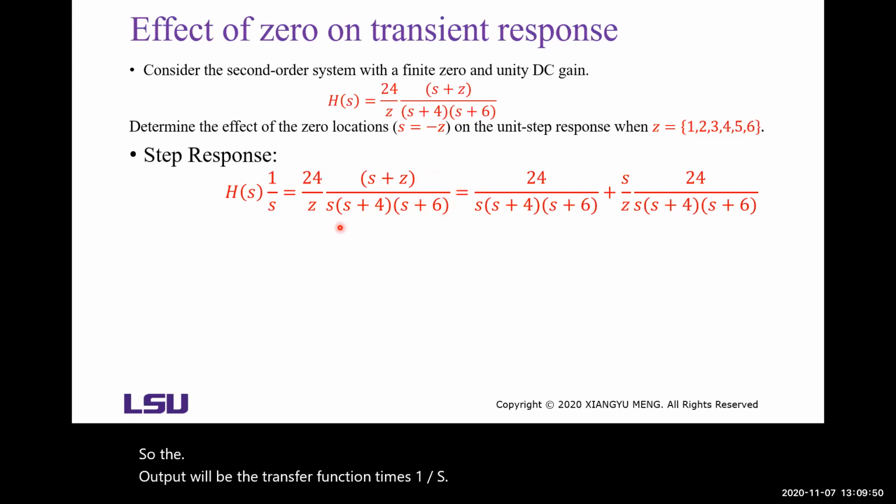Then we write the output as 2 parts. The first part is the step response of a transfer function without zeros. The second part is the scaled time derivative of that step response.